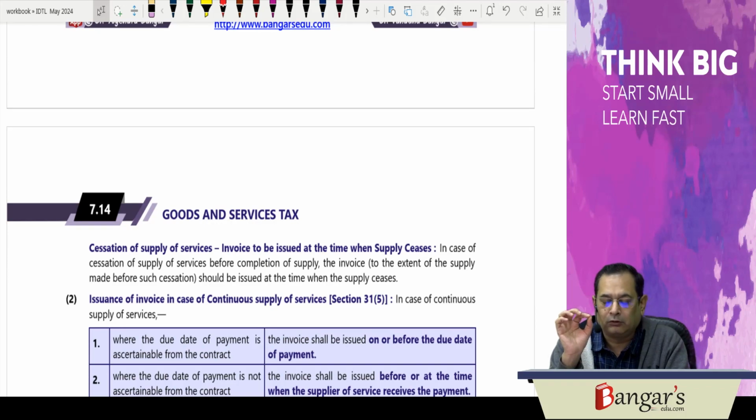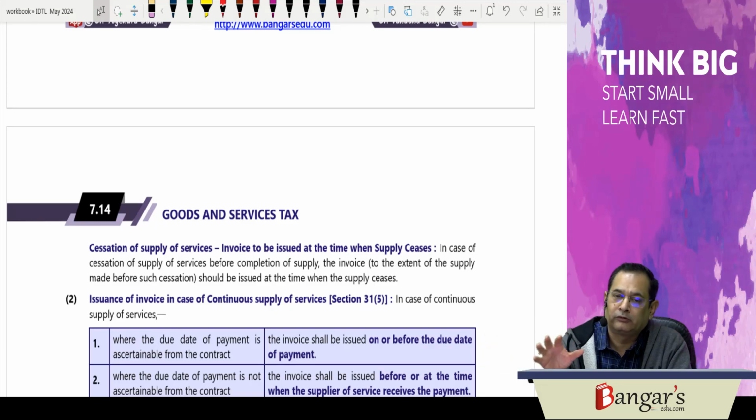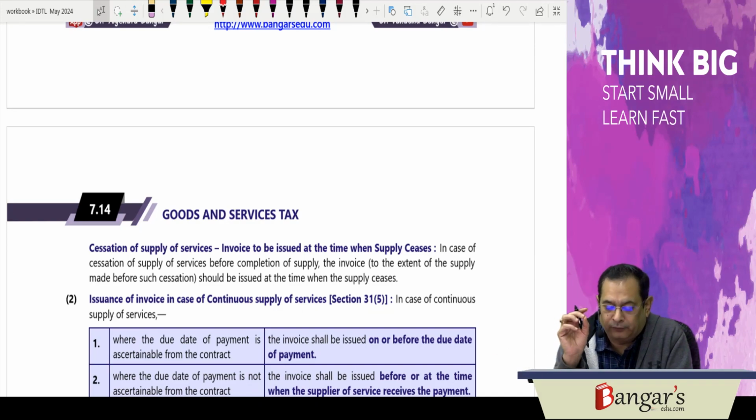Now, in case of cessation of service prior to its completion, say we have entered into a contract to supply any service, but the supply ceases before the completion of the contract, to the extent of the supply so made, the invoice must be issued on or before such cessation.